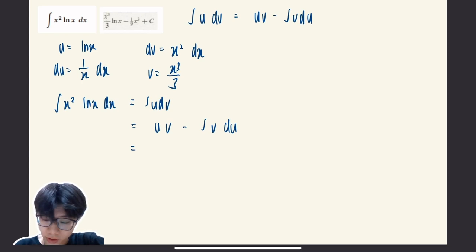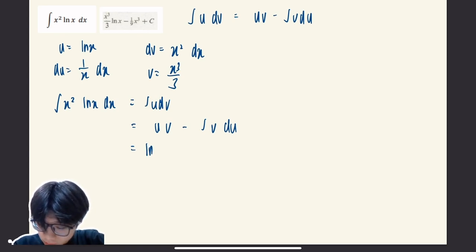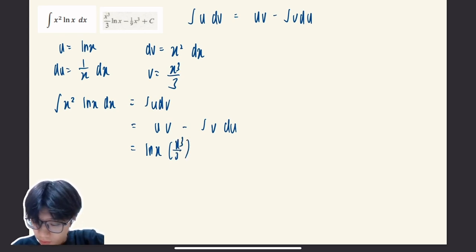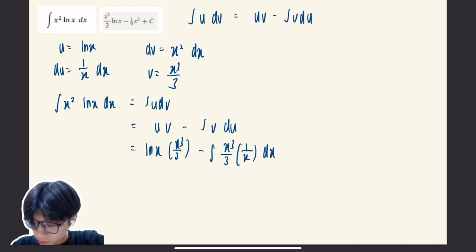By substituting, ln x is equal to u, v is equal to x cubed over 3, and then minus, what is v? v is x cubed over 3, and what is du? du is 1 per x dx.